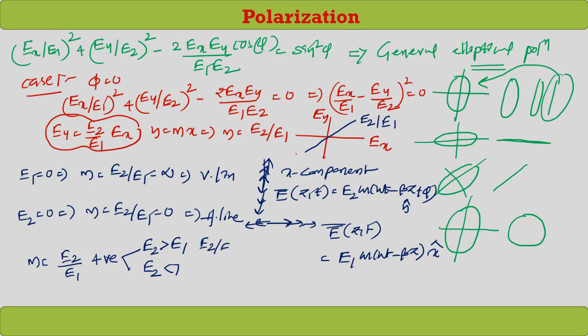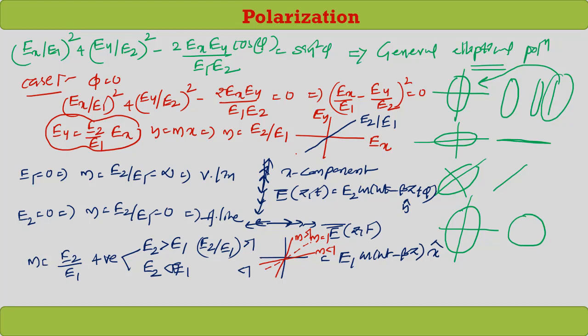And in the second case, you will have less than 1. How will you get the slope here? This line is representing slope is equal to 1. These lines are representing slope is less than 1. And this line is representing slope is greater than 1. So like this you will get the linear polarization.